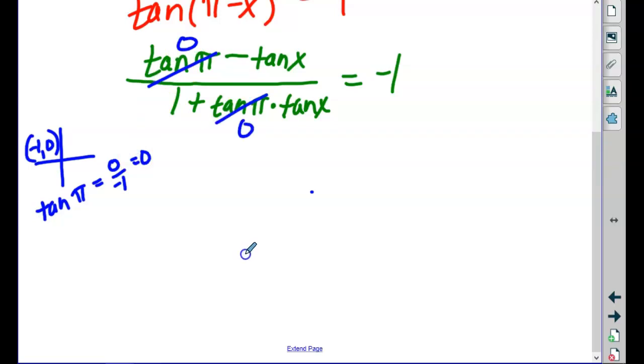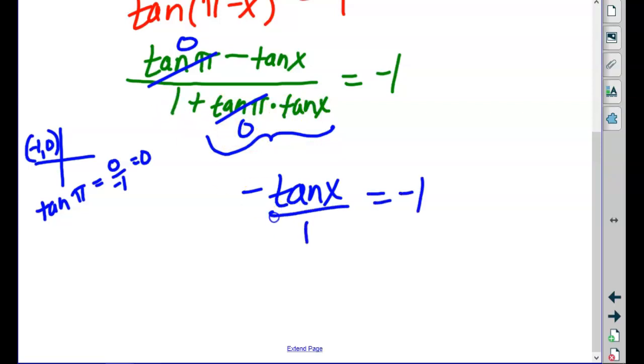So what's left on top? What's left on the bottom? 1 plus 0 times tangent of x would be... Guys, there's no parentheses, so what do you do first? Multiply, right? So that becomes 0 plus 1 is 1. So what is that really saying?